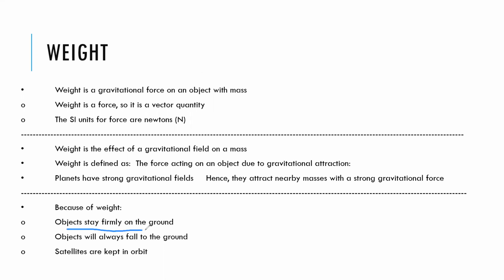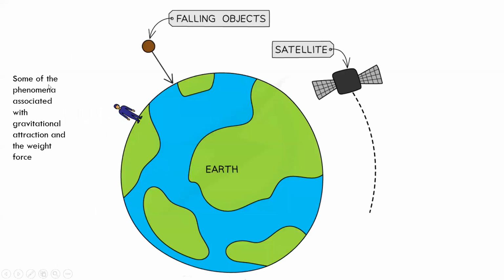Moving further, what are the effects of weight? Objects stay firm on the ground. Objects always fall towards the ground, and satellites are kept in orbit. So I'll take you to the next slide and show you some of the phenomena associated with gravitational attraction and the force of weight. Here you can see the falling object is always attracted downward, and the people stay firm on the ground, and satellites orbit around the Earth in a circular path.